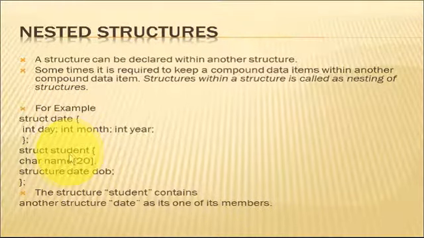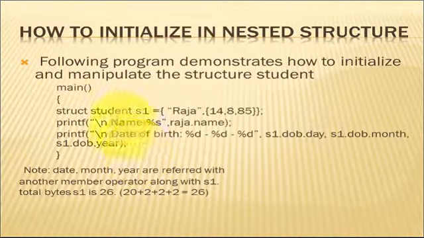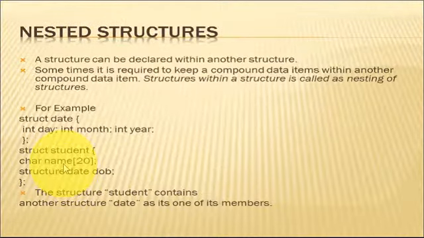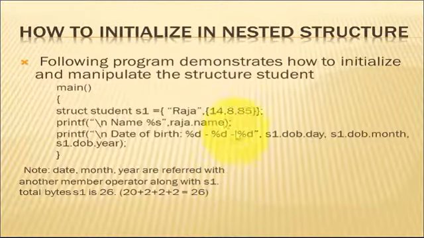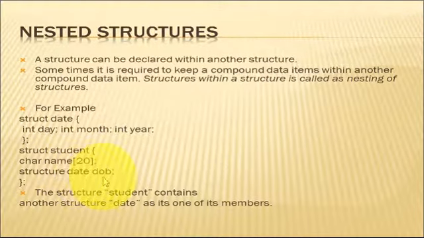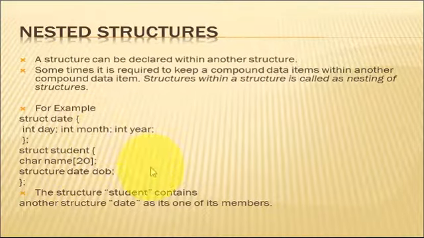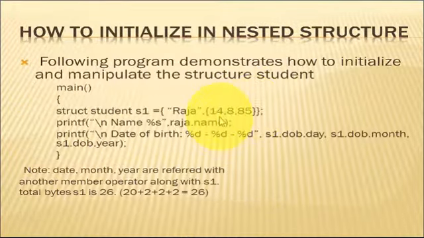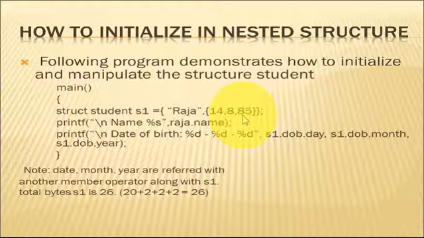So here we can create a structure variable for the student. Struct student s1 equal to Raja, which is the name of the student. Then it consists of date as a structure. Inside the date we have 3 data members, day, month and year, for which we are giving the values 14, 8, 85.